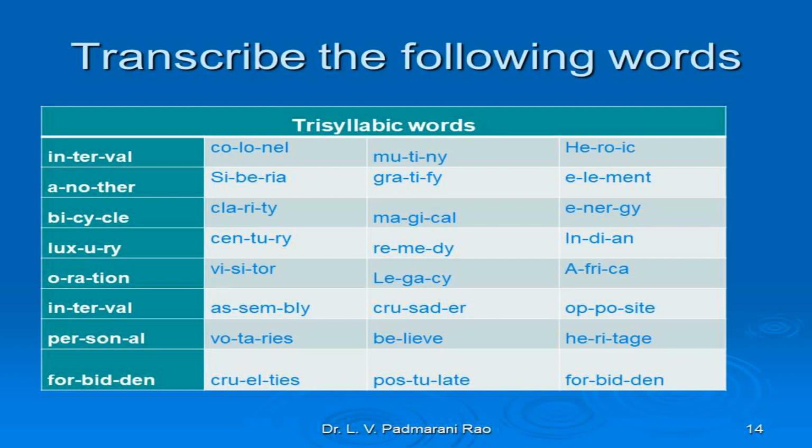Interval, another, bicycle, luxury, oration, interval, personal, forbidden, kernel, Siberia, clarity, century, visitor, assembly, votaries, cruelties, mutiny, gratify, magical, remedy, legacy, crusader, believe, postulate, heroic, element, energy, Indian, Africa, opposite, heritage, forbidden.